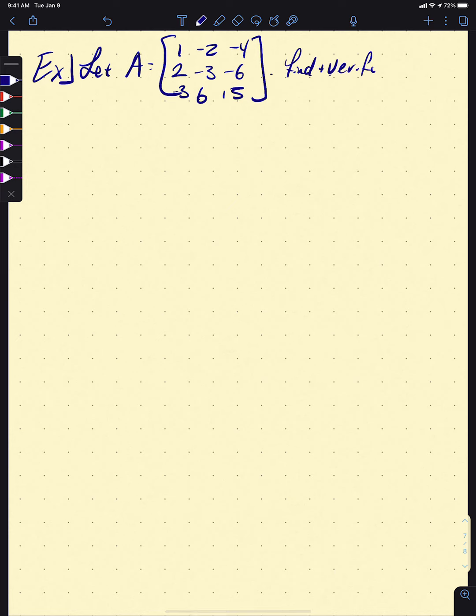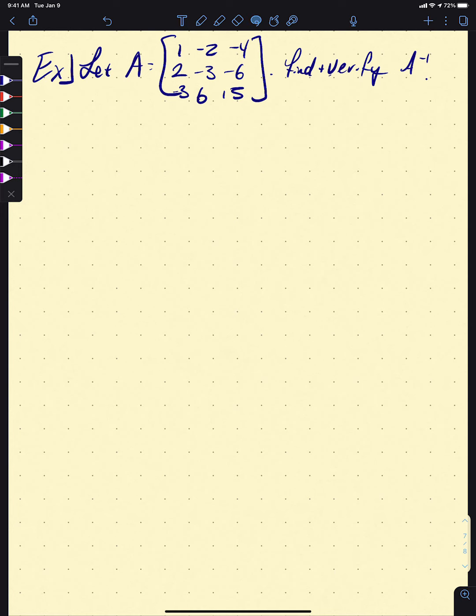Let's say A, let's set him equal to 1, -2, -4, 2, -3, -6, and we'll say -3, 6, 15, okay? And we want to, just as before, find and verify our A inverse, okay?